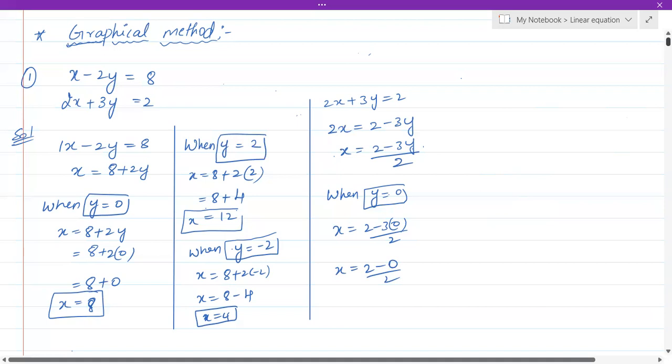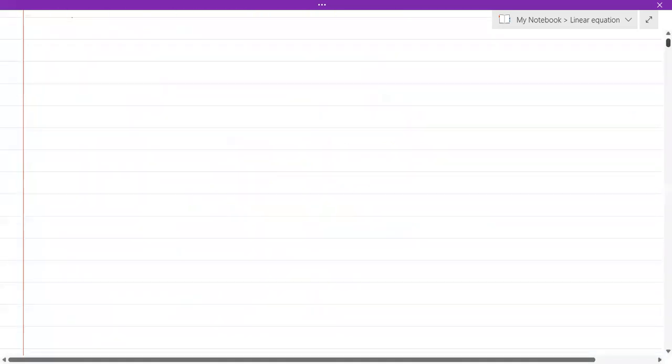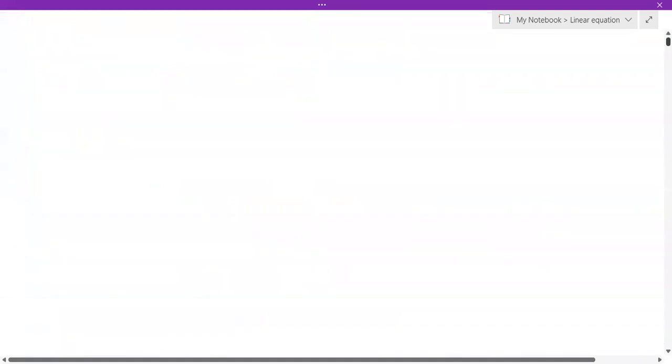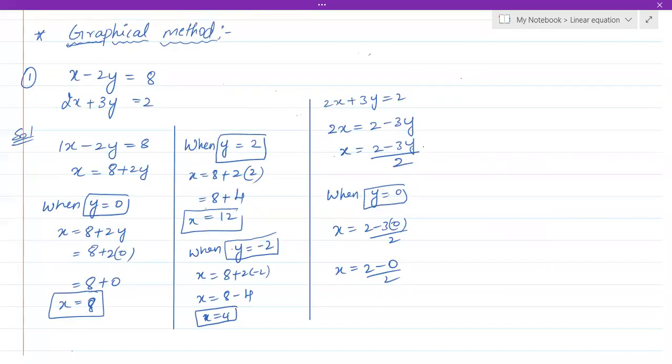So x is equal to 2 minus 0 is 2, 2 by 2. Therefore, the x value will become 1. Okay. We got the value of x.